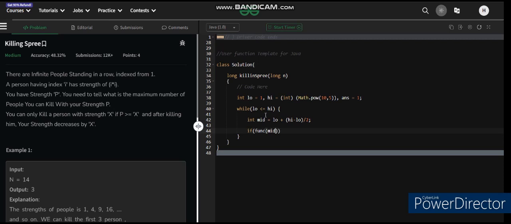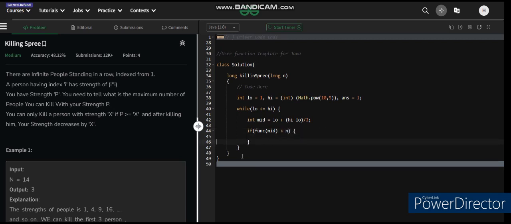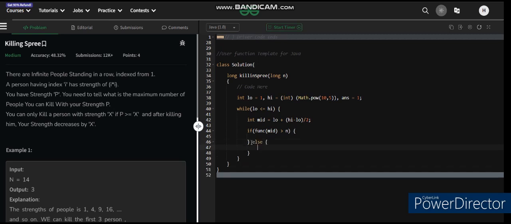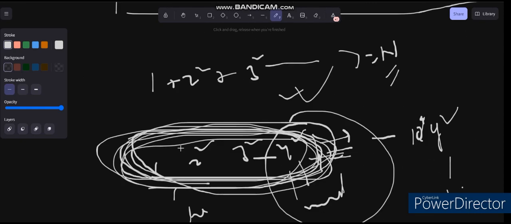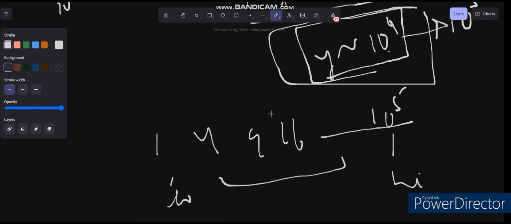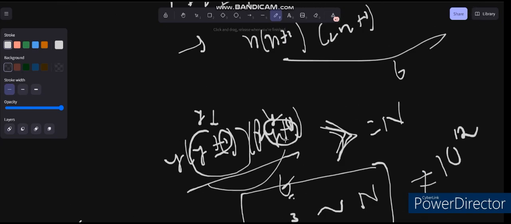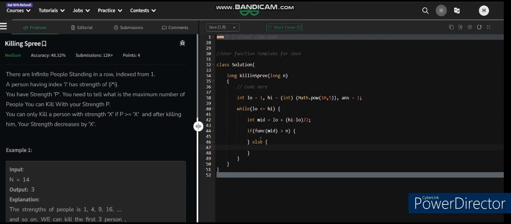We'll pass mid, and we will check if it is greater than n. So what is this function? We have mid, so we have to calculate this value, right? 1 square plus 2 square plus 3 square, and we had this formula. So this formula we have to write.